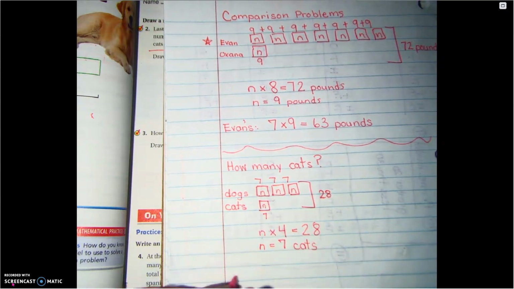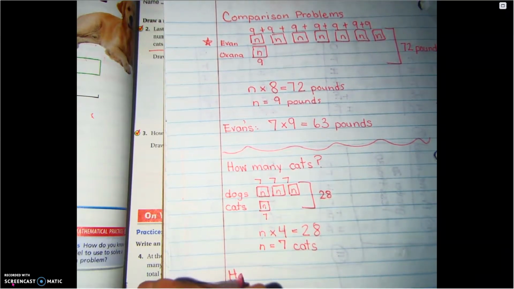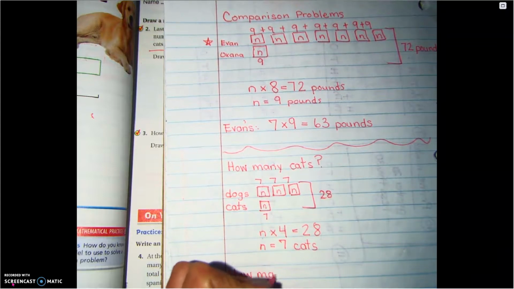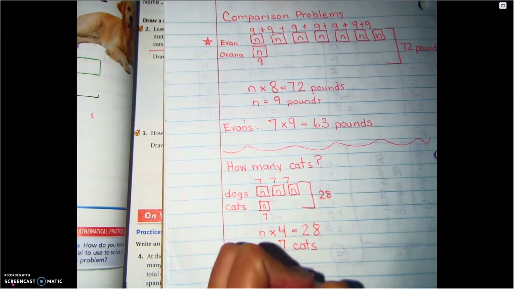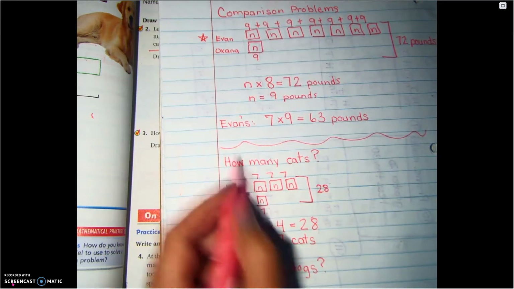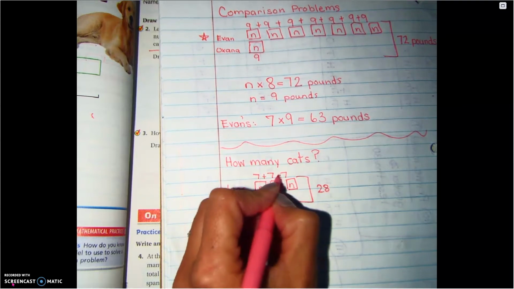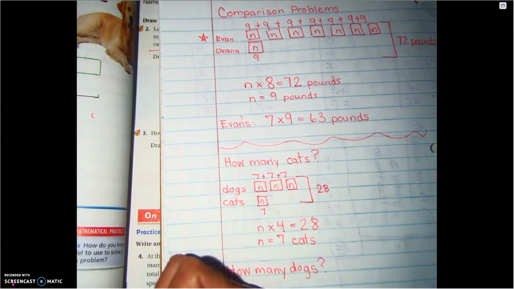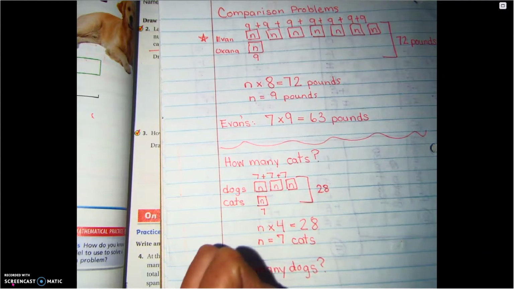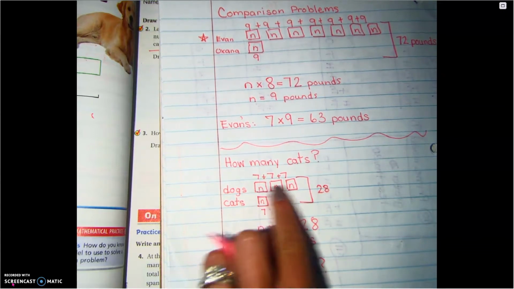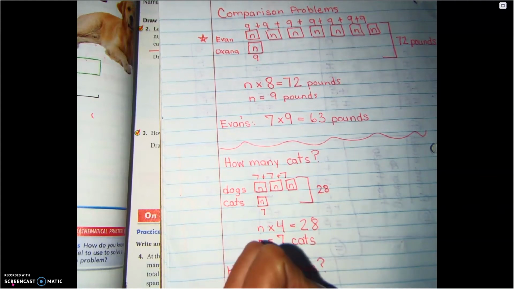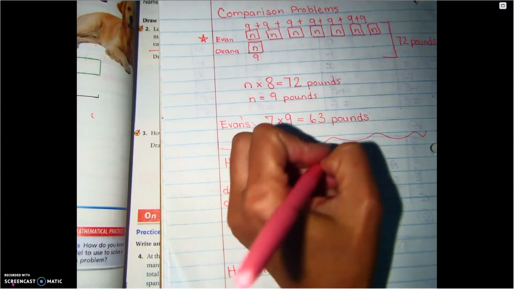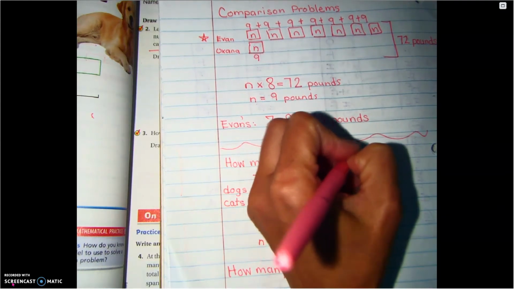Now, if we had asked how many dogs, then we'd have to either do our repeated addition or our multiplication. We would have 3 times 7, because there's 3 sevens, equals 21 dogs. But our answer to our cats is 7 cats.